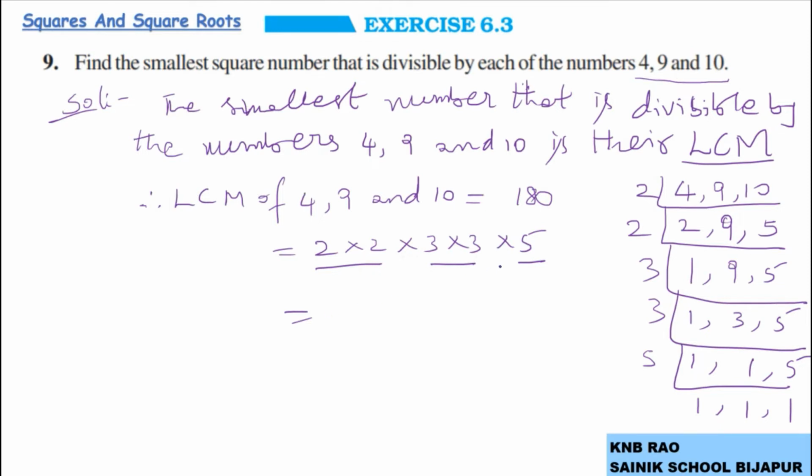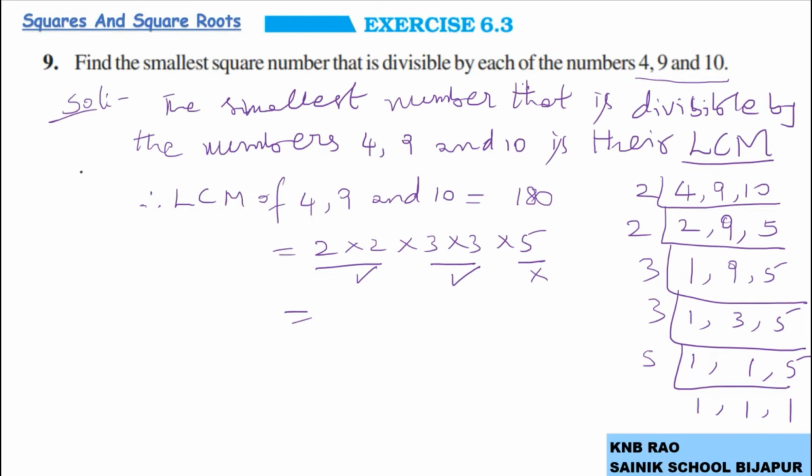Why can I say that this is not a perfect square? Because in the prime factorization of 180, the prime factors 2 and 3 are in pairs, but prime factor 5 doesn't have a pair. We need one more 5 to be multiplied to make it a perfect square.